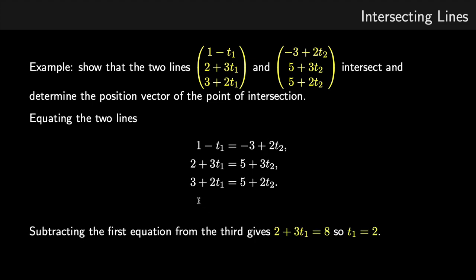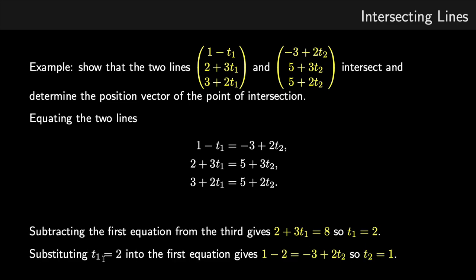Now I'm going to attempt to solve for t1 and t2. If we subtract the first equation from the third, that will eliminate the t2, and we're left with 2 plus 3t1 equals 8, and solving that, we see that t1 is equal to 2.